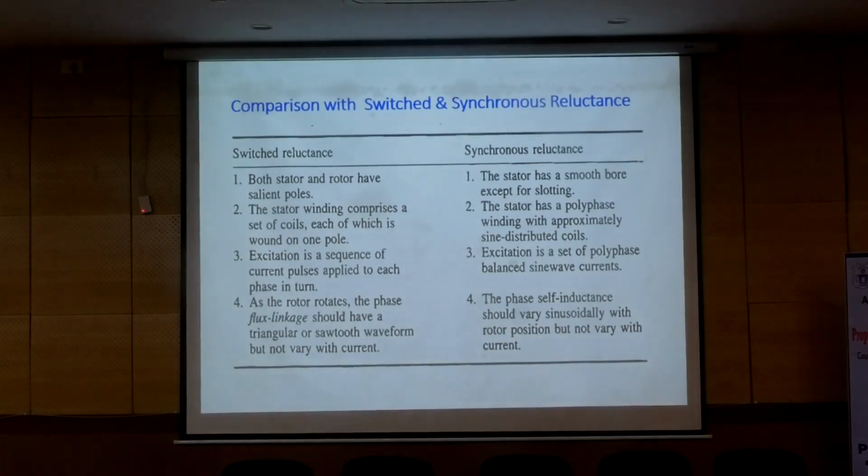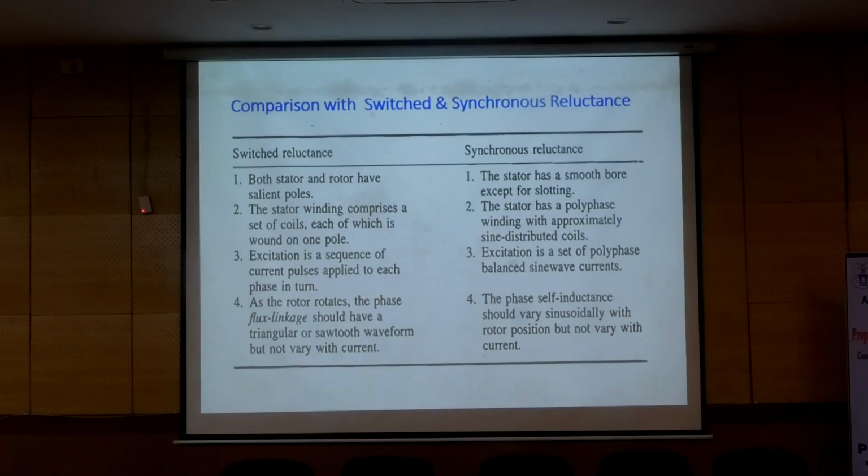Now look at the comparison of the switched reluctance and the synchronous reluctance machine. In the switched reluctance machine, both the stator and rotor have salient poles, hence it is also called a doubly salient machine. But in the synchronous counterpart, the stator has a smooth bore except for slotting.